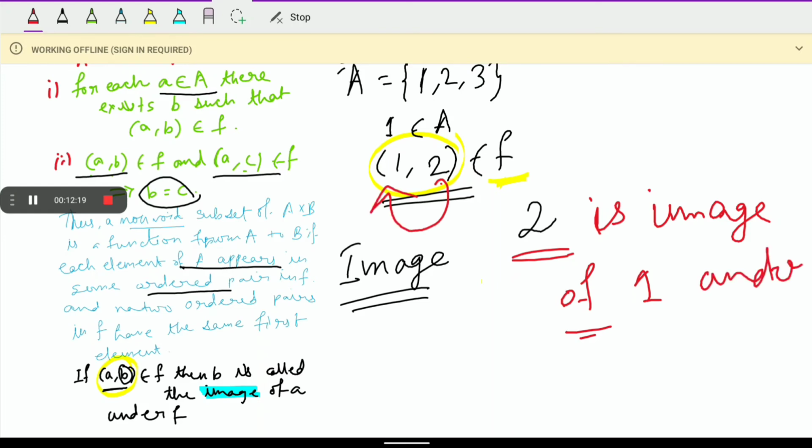So it's a big term, image. I hope that up to this point, as far as I said, it's clear to all of you.